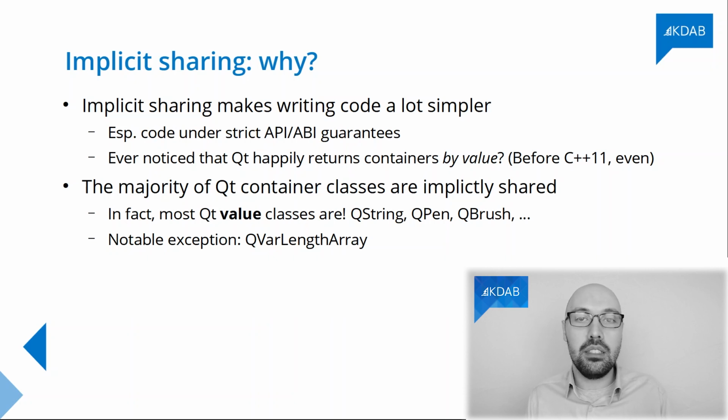And also, as I said, the value classes, QString, QPen, QBrush, QImage, they all feature this mechanism. So it's a common trait pretty much amongst all Qt value classes. And you can pretty much rely on this fact. Taking copies of Qt objects is very, very cheap to do.